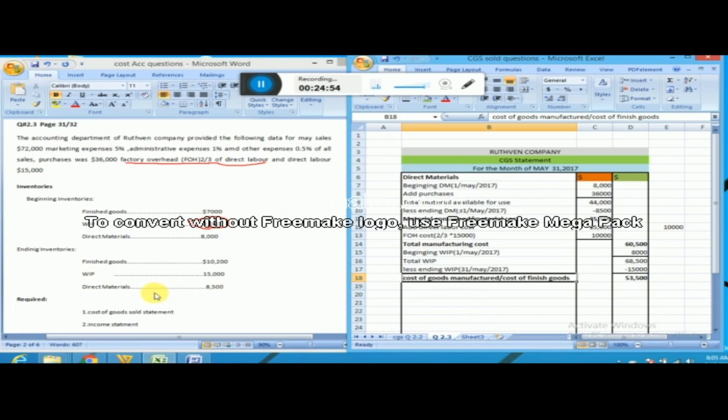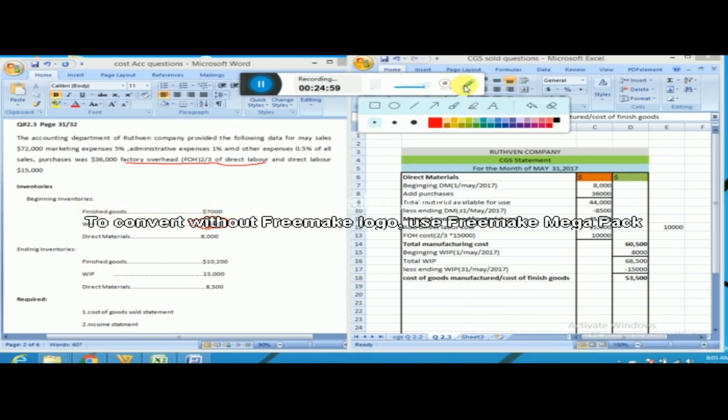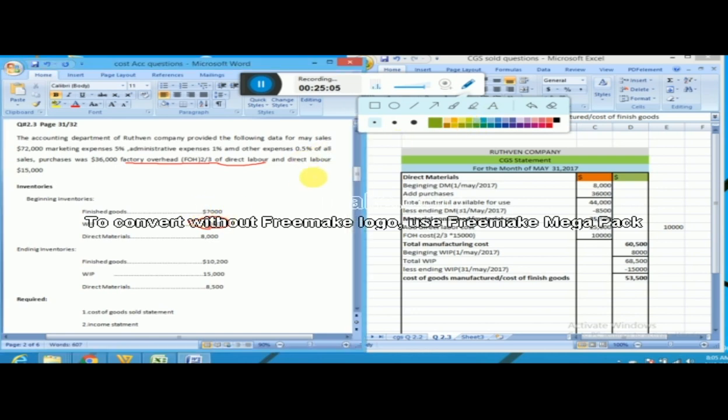But if we look at the data, some finished goods remain from the previous month. How much? The beginning finished goods, 7,000 finished goods that remain unsold from the previous month, from the month of April. And the 53,500 finished goods we produced in the month of May. So this 7,000 finished goods will be added here with these finished goods.